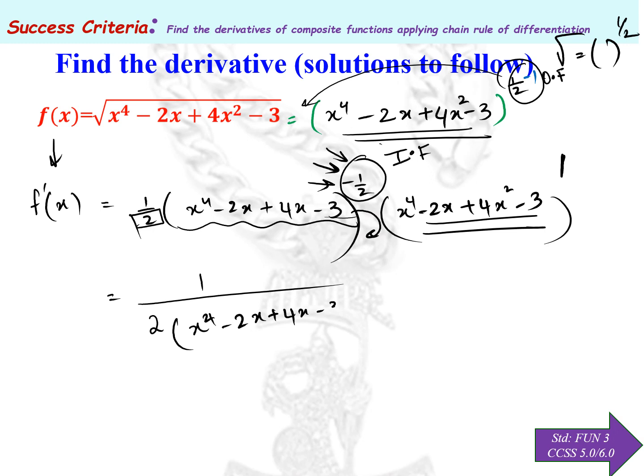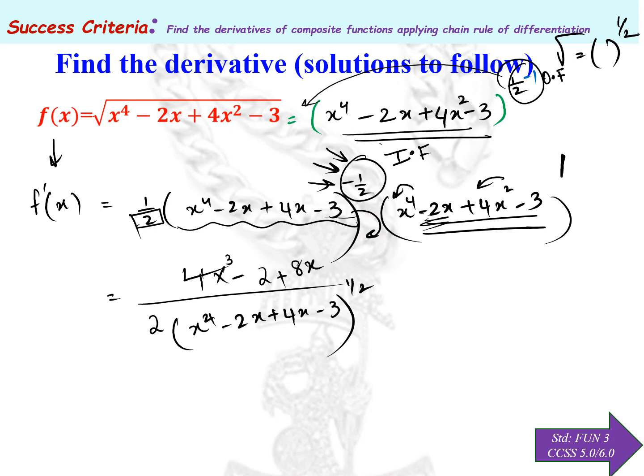And now the power can be changed into positive 1. Take the derivative of this one with the power rule: 4 as it is, x, from the power we subtract 1, minus the derivative of 2x, which is 2, plus 4x squared means 4 times 2 is 8, x, from the power we subtract 1, and the derivative of negative 3 is 0.